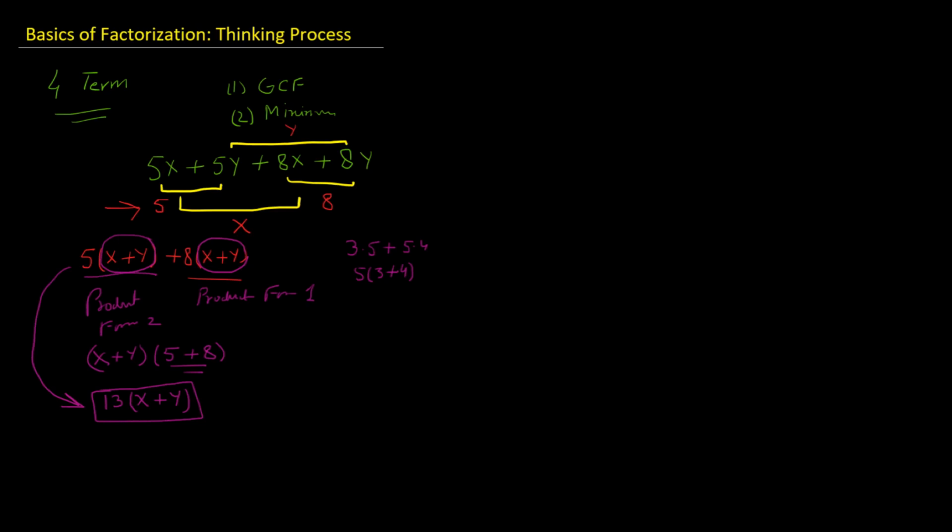Now instead of taking number commons, we can take x common from 5x and 8x. So let's do that. Now we write together 5x plus 8x together plus 5y plus 8y together. Now we take x common from the first two and we are left with 5 plus 8. From the next two we take y common.